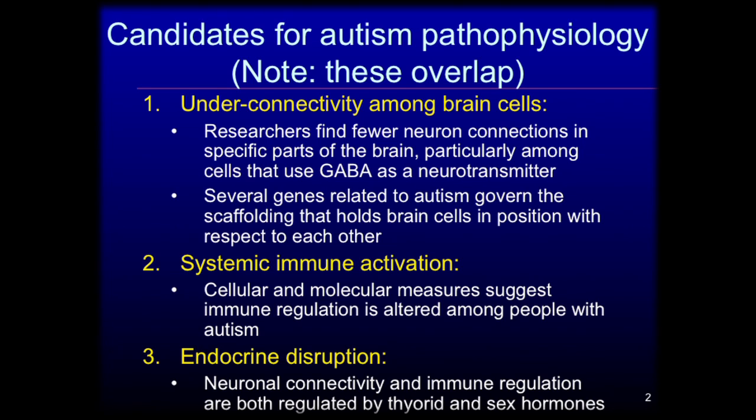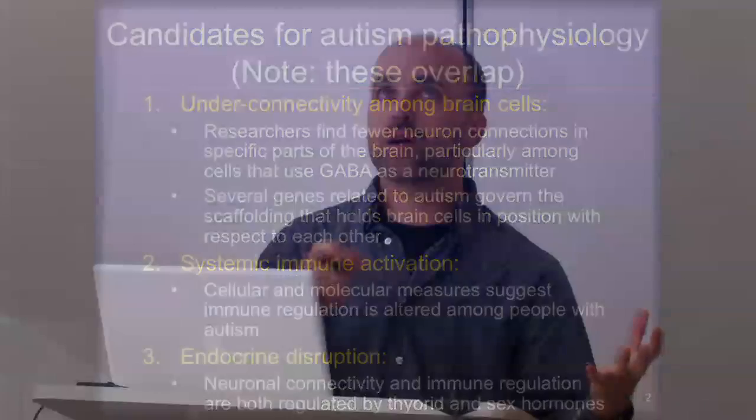Okay, GABA is gamma-aminobutyric acid. It's a neurotransmitter, and it's intriguing because that's partly related to some of the inhibitory processes of the brain, which is interesting because autistic children very commonly have epilepsy.